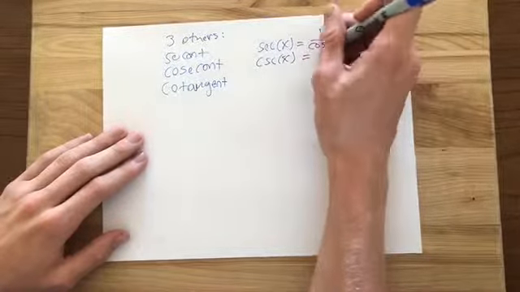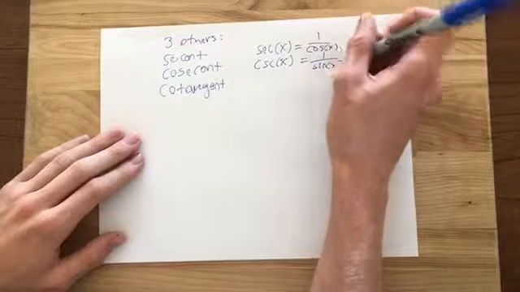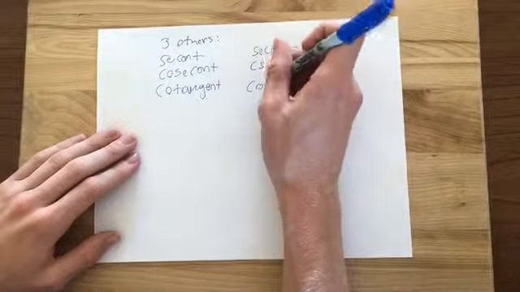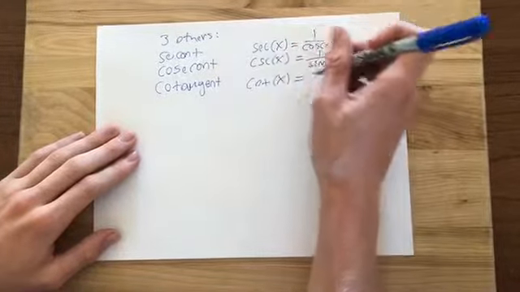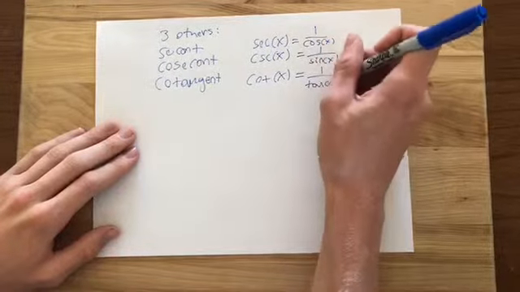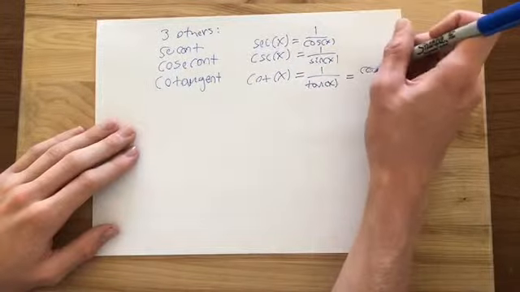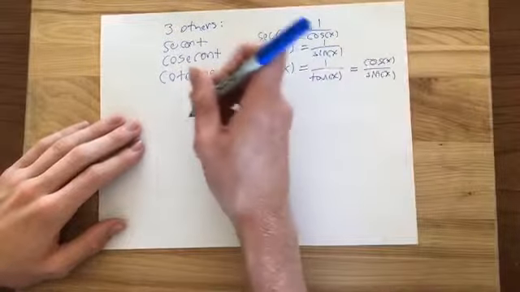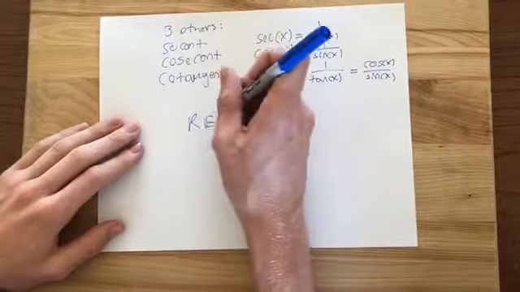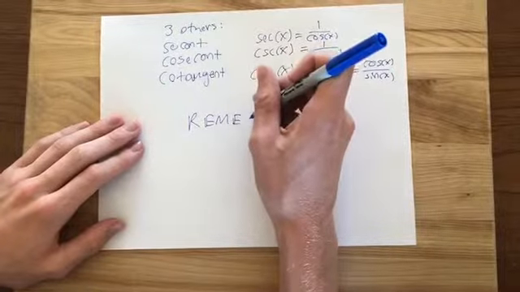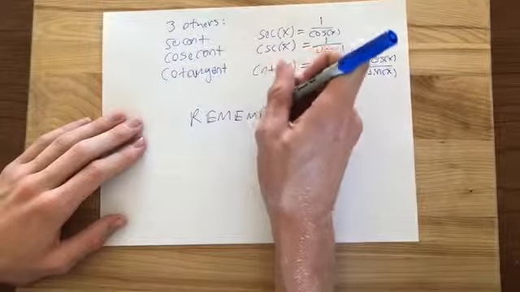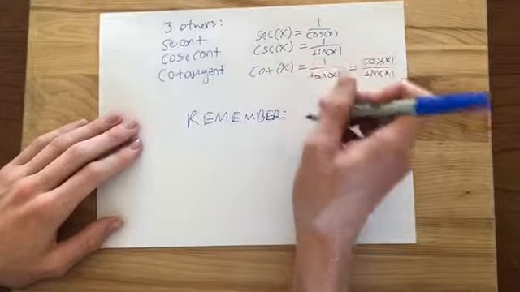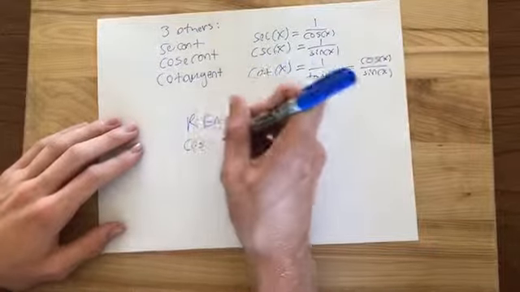Secant is 1 over cosine, cosecant is 1 over sine, and cotangent is 1 over tangent of x, or cosine of x over sine of x. That's the very basic trig function stuff that you should know before going into calculus.